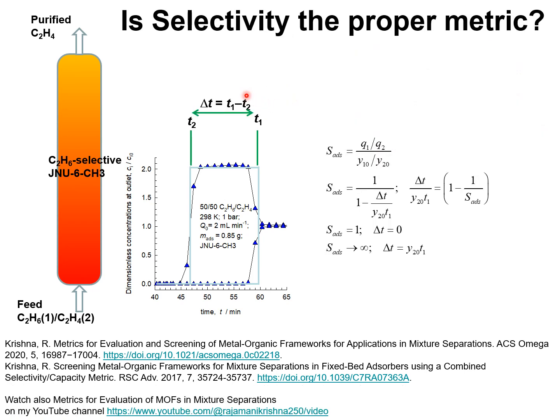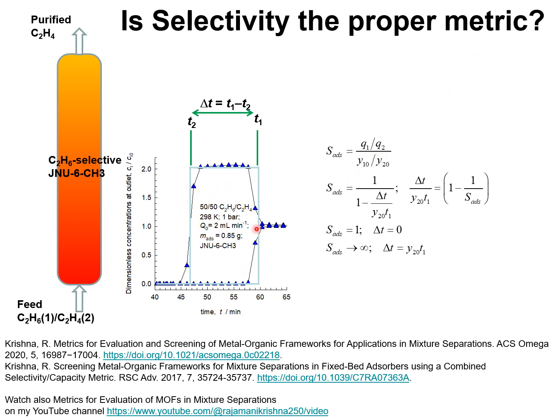The first question I address in the screening and ranking of ethane selective MOFs is the following. Is the adsorption selectivity the proper metric?